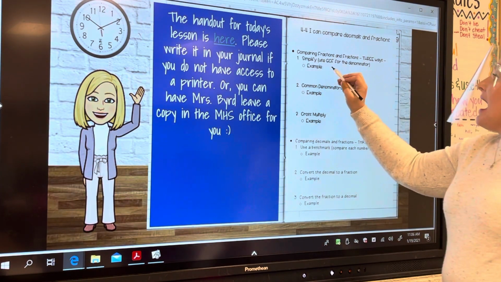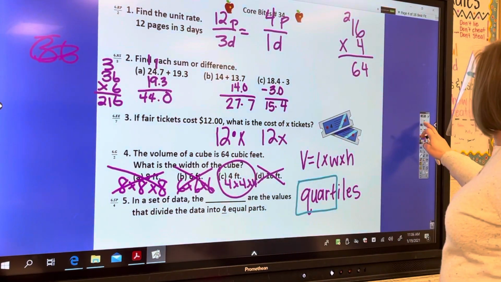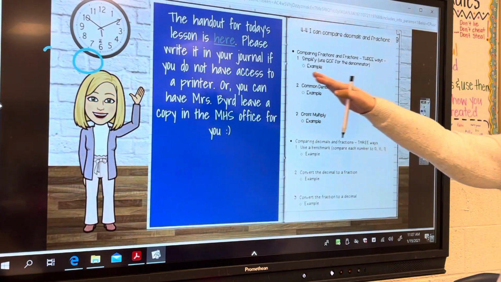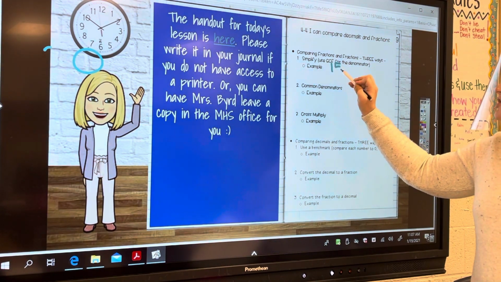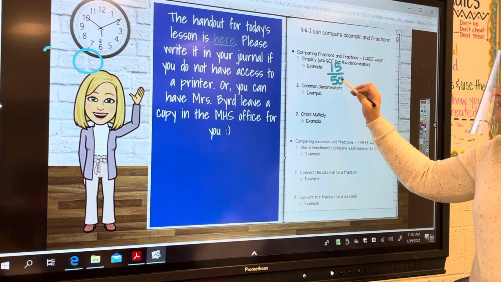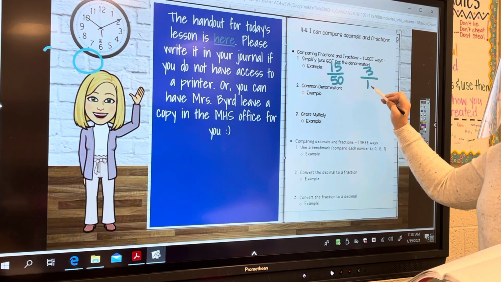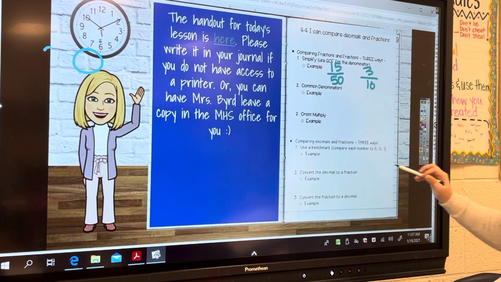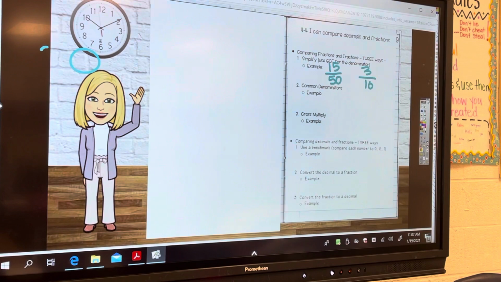So, I am going to write here, but I'm also going to write on the left because there's not enough room over here for me to do my work, all right? So we are going to compare 15/50ths and 3/10ths. And I'm going to fix this over here so I can write on it.